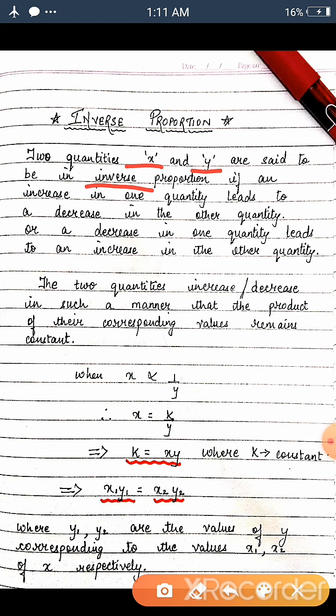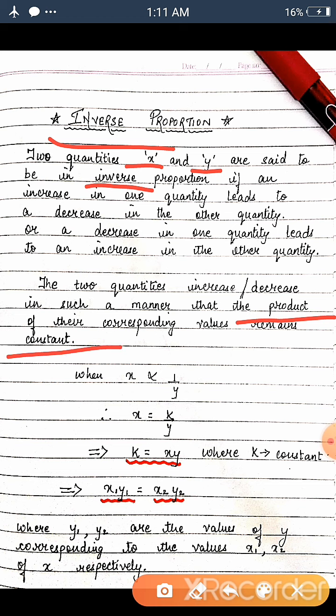So this type of a proportion where you go in the opposite manner, meaning an increase in one leads to a decrease in the other, or a decrease in one quantity leads to an increase in the other, is called inverse proportion. Now here the two quantities are in proportion such that the product of their corresponding values remains the same.